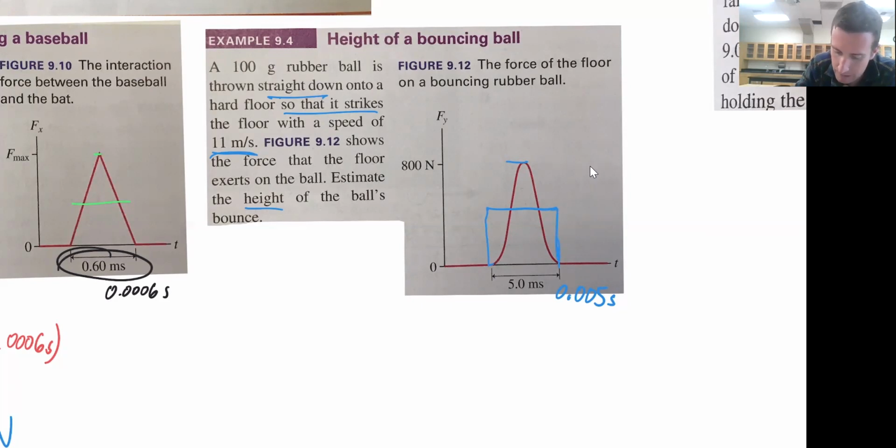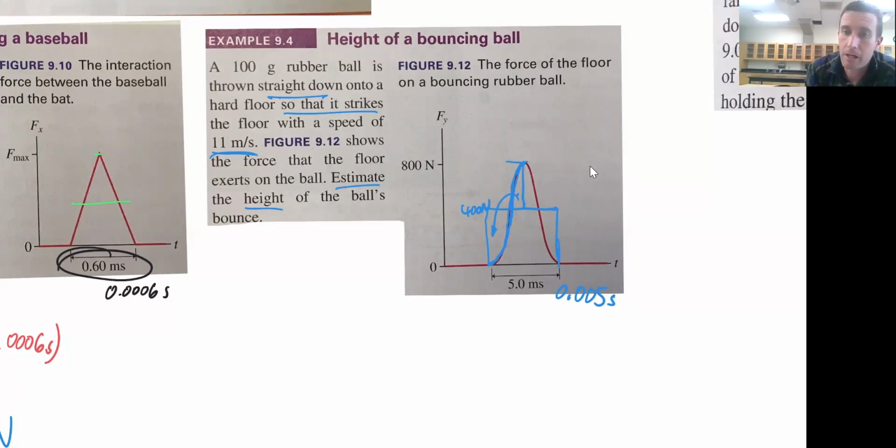It's not perfectly linear, but it's got kind of a parabolic shape with the S curve, and I reckon that section is pretty much equivalent to that section. So I'm going to estimate it at about an average of 400 newtons, because it says estimate, right? It doesn't give us precise values, so I can do that.